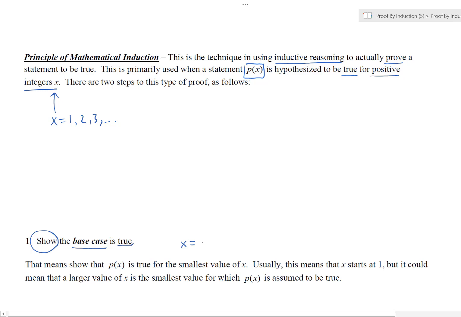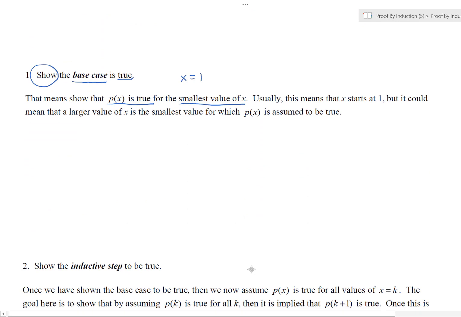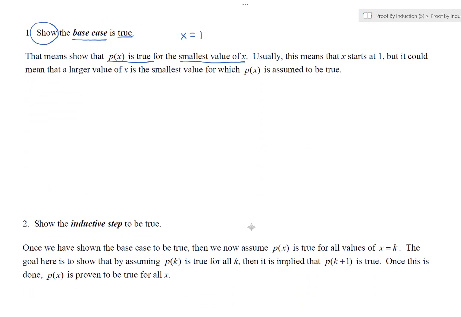But in general, we start at 1. So we show that the statement we're claiming to be true is true for the very smallest value of X, in this case 1. We just plug in 1 into the statement, and if it's true, we move on to the second case, which is showing the inductive step.